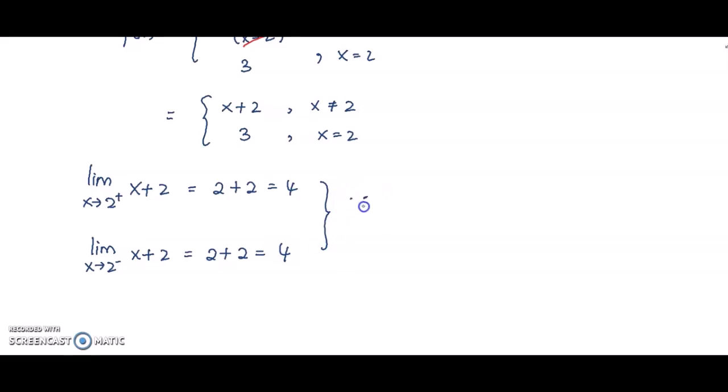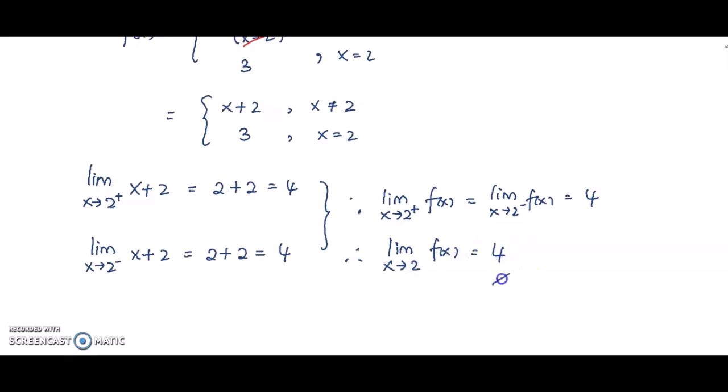Before we come to the conclusion, we state our reason why we say so. We say that because the right-hand limit is equal to the left-hand limit, and they are both equal to 4, our conclusion is the limit when x approaches 2 of f(x) is equal to 4.